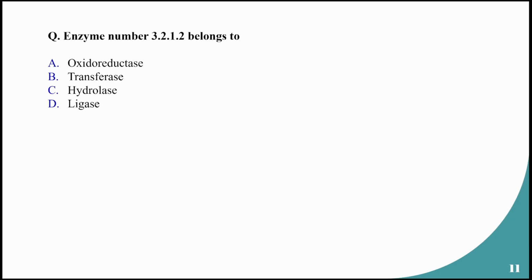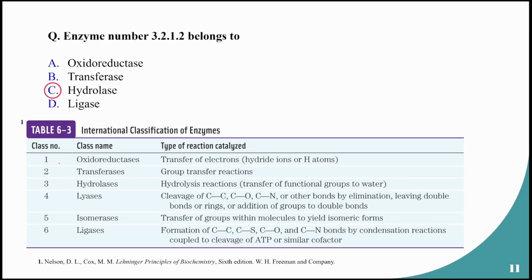Now here, 3.2.1.2. So it is a hydrolase. Okay, so this belongs to a hydrolase. Now, what is the particular classification system for the enzymes? Firstly, you will have the class 1. Okay, so the class number comes first, right? That's class 1, you have oxidoreductases.